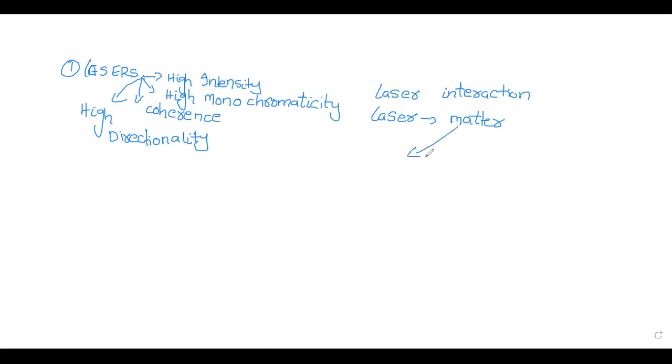There are two things possible. One, maybe the light will be absorbed, so we call that absorption. And maybe light will be emitted out. So it may be absorption, or it may be emission.